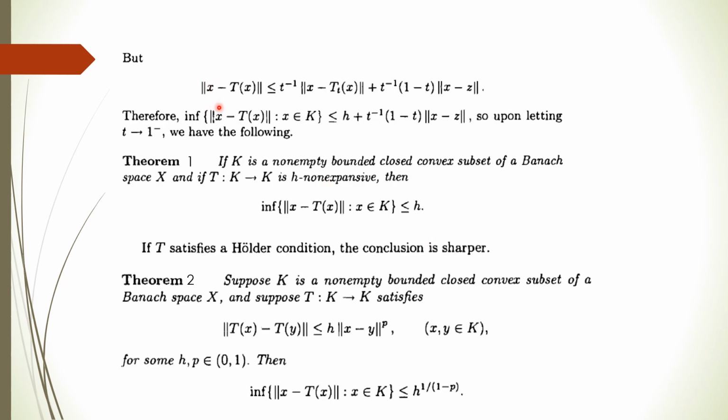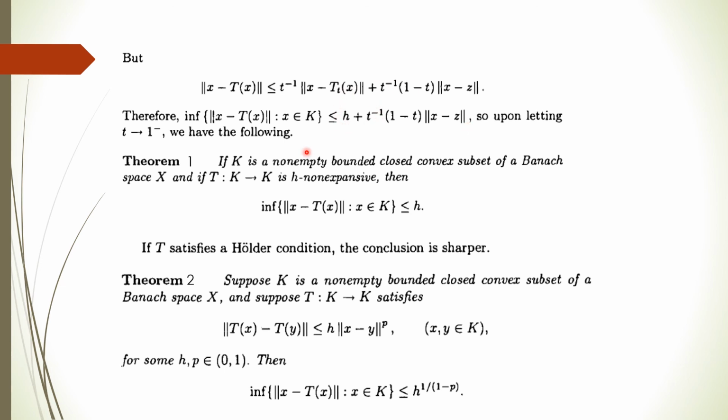But for the norm of x minus tx, now you can substitute the value of tx in terms of ttx, you get this, it will be less than or equal to t inverse of this thing, right? Therefore the infimum of the norm of x minus tx whenever x belongs to K, you can replace with th, t t will be cancelled out, you will get h plus t inverse times 1 minus t norm of x minus z, right?